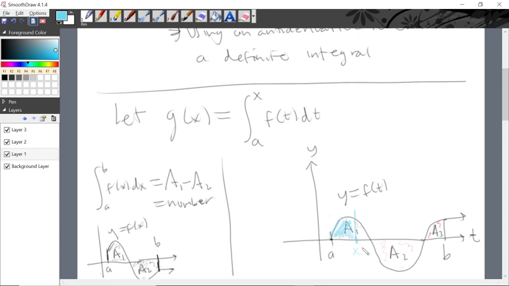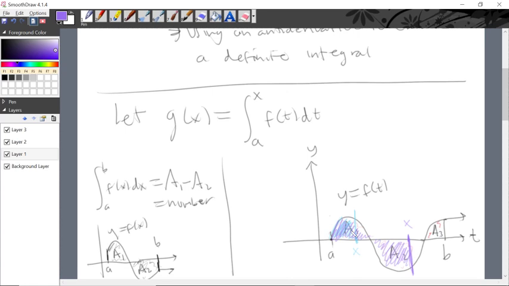And then if we allow x to increase to some other value, now maybe x is equal to this quantity right here. Well, then the integral from a to x would be the net area from a all the way up to this line right here. So the integral from a to x using this as our x would include all of A1 and it looks like most of A2.